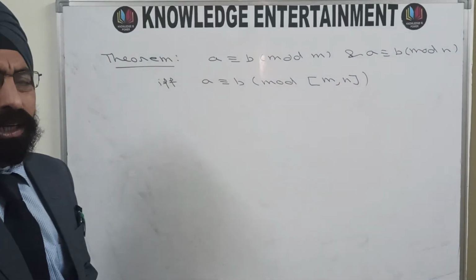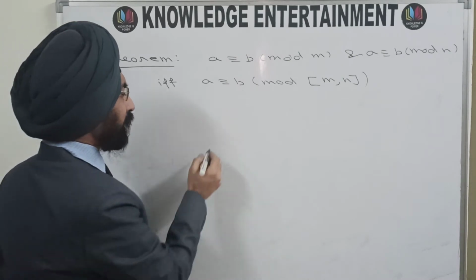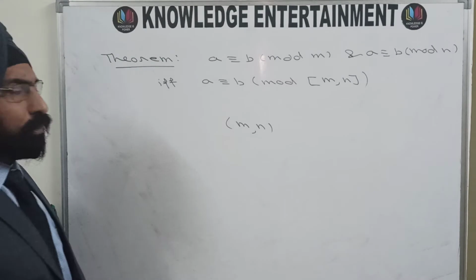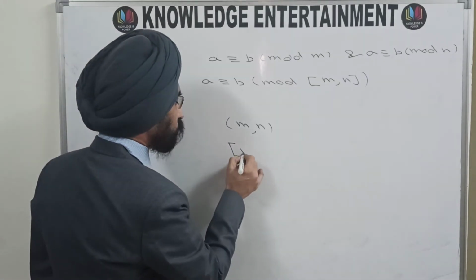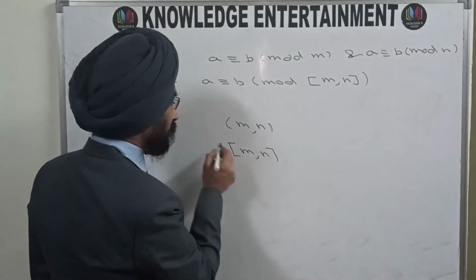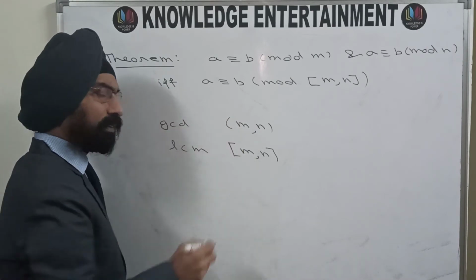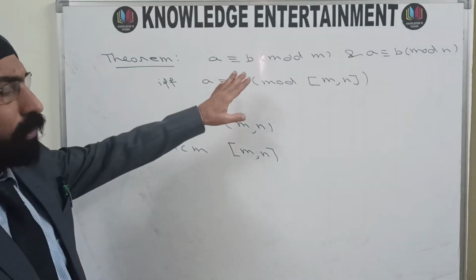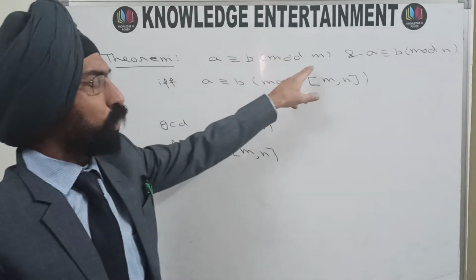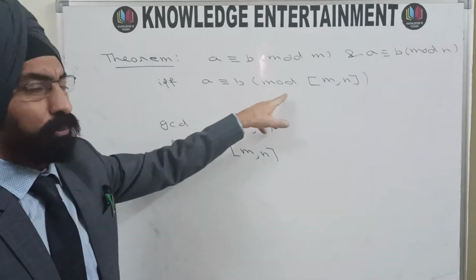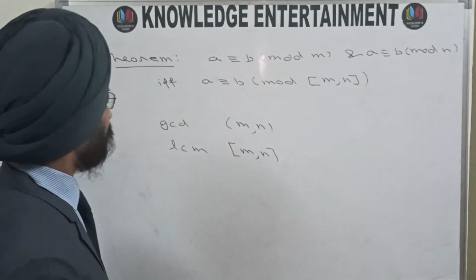Here I would like to tell you that for GCD of m and n we use the round brackets, and for LCM of m and n we use the square brackets. So this is GCD of m and n and this is LCM of m and n.